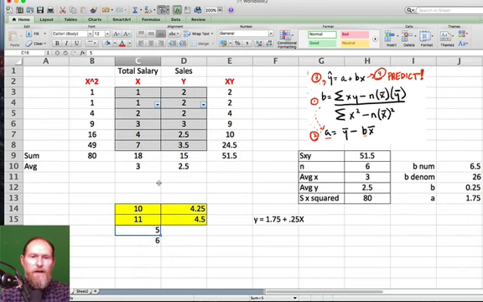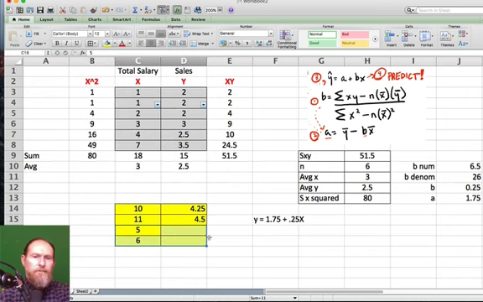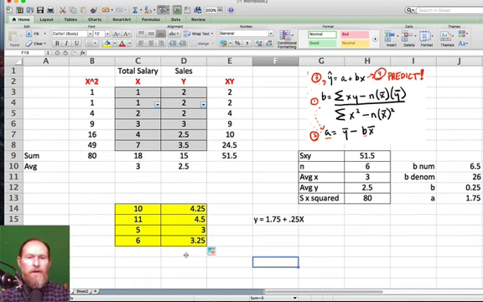We don't have to go beyond 7, and it would be the same method. So if we were interested in what if salary went to 6, knowing that 7 might not be indicative of the future, maybe 6 is more realistic, so we could use 6 and then predict future sales at 3.25.